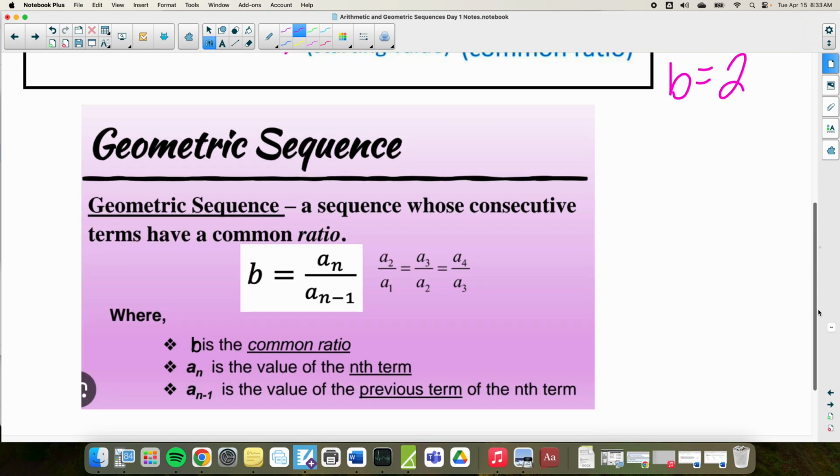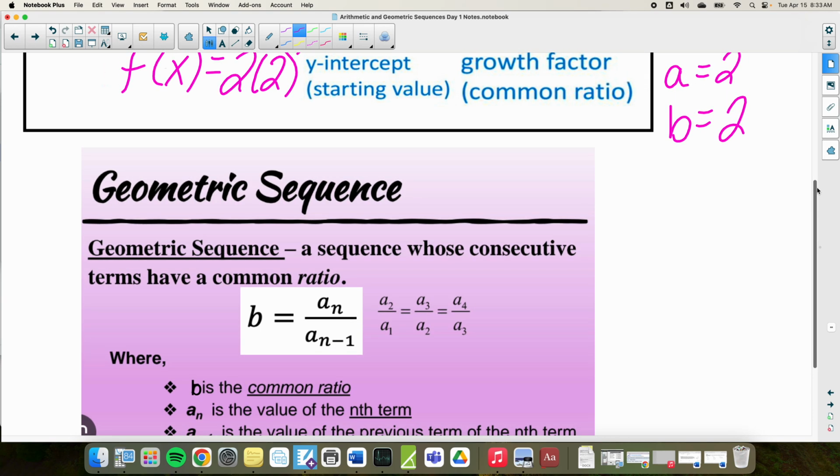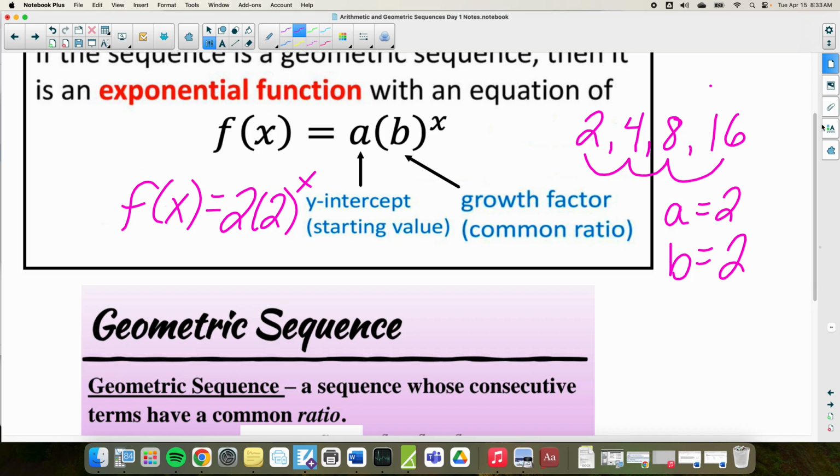Sometimes it's not easy to tell what the common ratio is, what they're multiplying by each time. So what you could do, like let's pretend you couldn't tell what's happening in this one. You can take one of the later terms, like say 16, and you can divide it by a term that's right before it, which is 8, and that will tell you what your common ratio is.